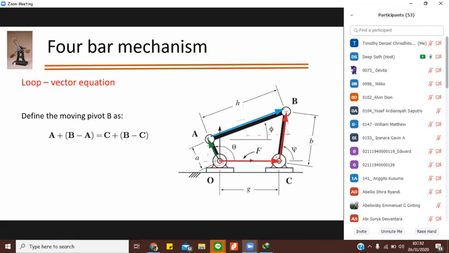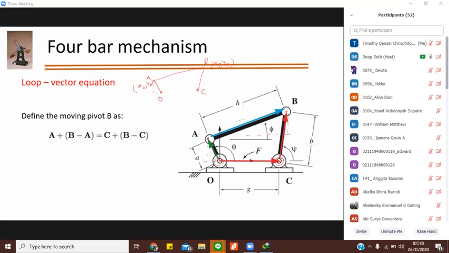Now from the C side, let me just draw it. Here you have your O, this is your A, this is your B, and this is your C. For A you will have some coordinate XA and YA, and for B some coordinate XB and YB.